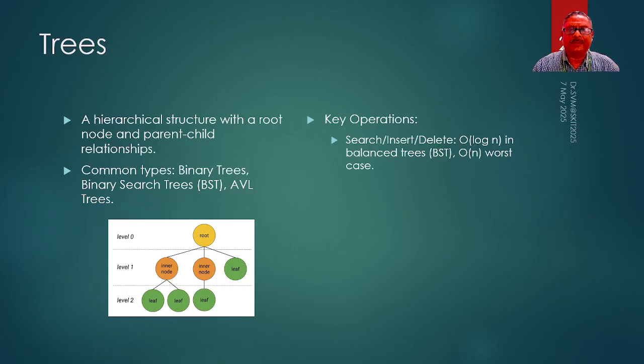The key operations, search, insert, delete, are all possible in O(log n) if it is a balanced search tree. But if it is not a balanced one, then O(n) is required for searching, inserting, deleting, and so on.